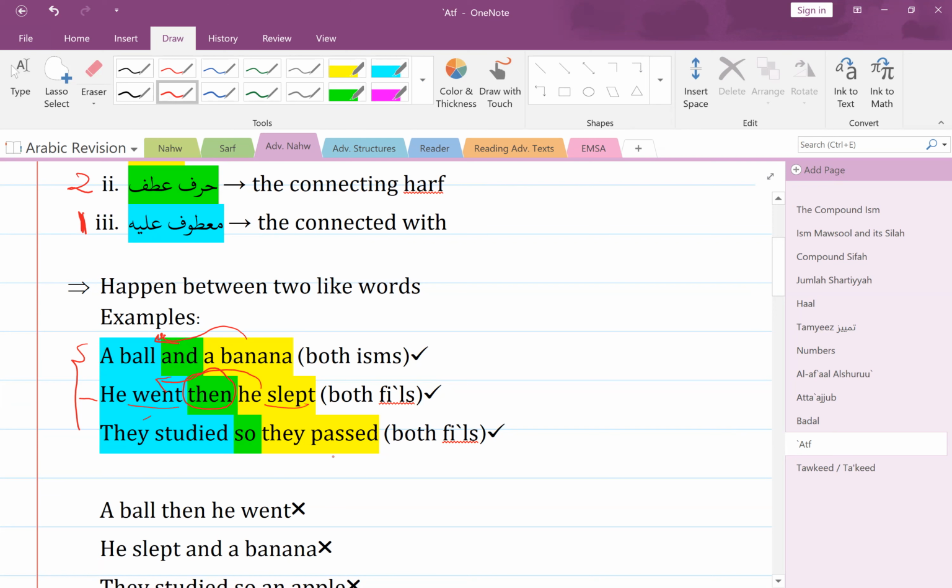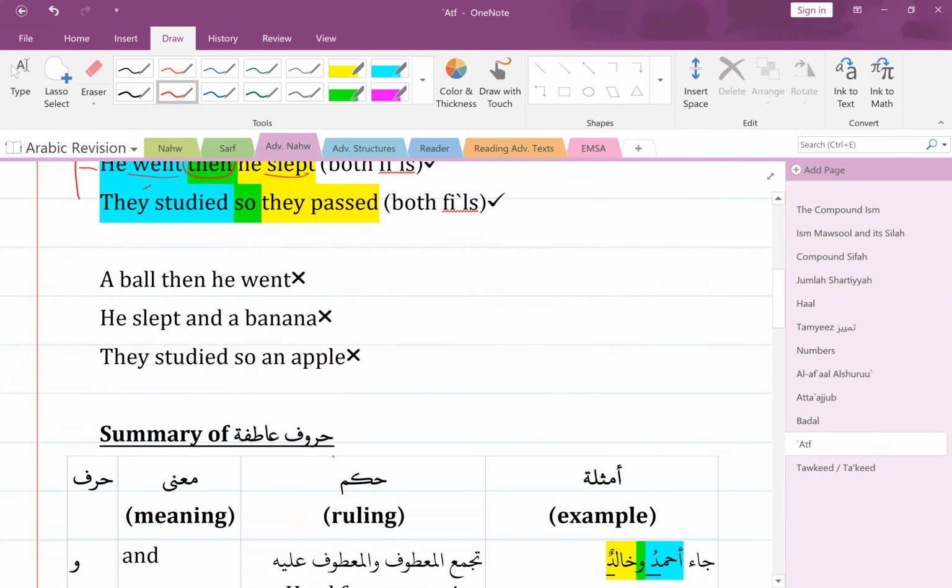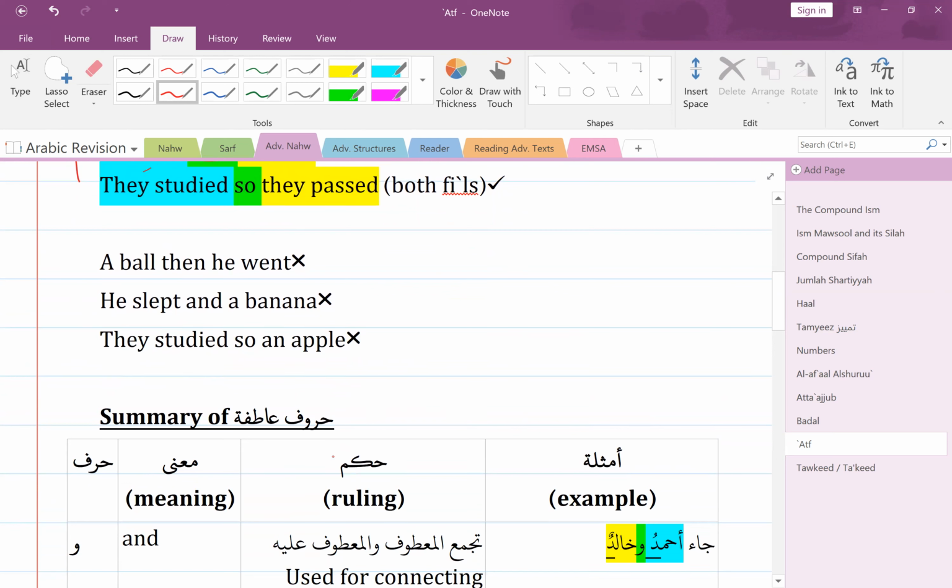You can also say they studied, so they passed their exams. Both fi'ls, so it works. But you can never say a ball, then he went. You cannot connect an ism to a fi'l. It doesn't make sense. Somebody will ask you, what are you saying? Are you okay? Or he slept and a banana.